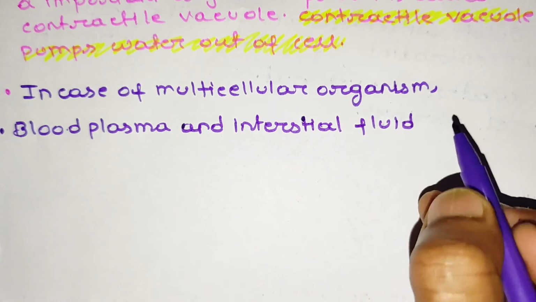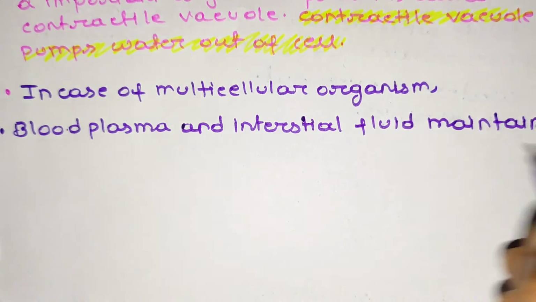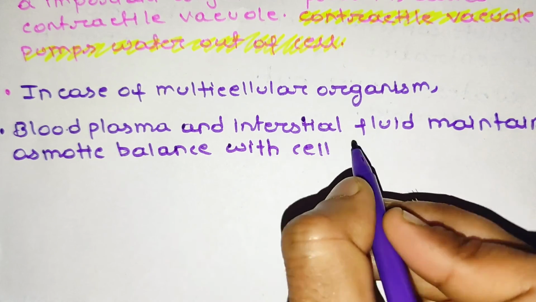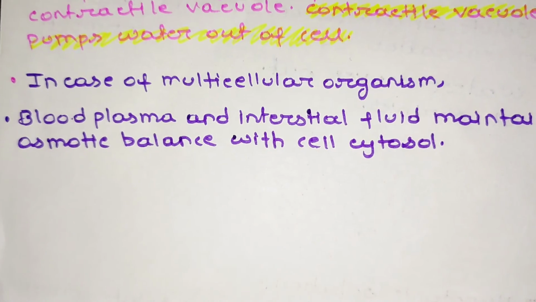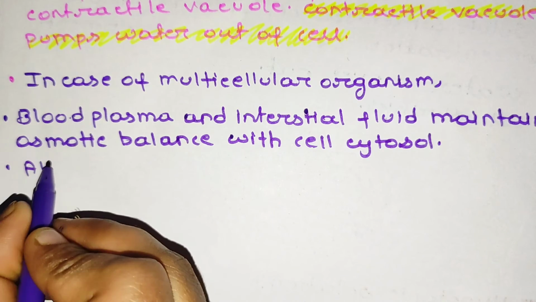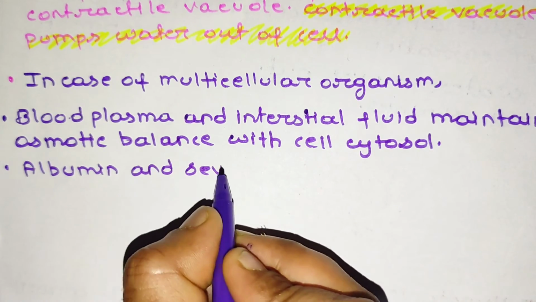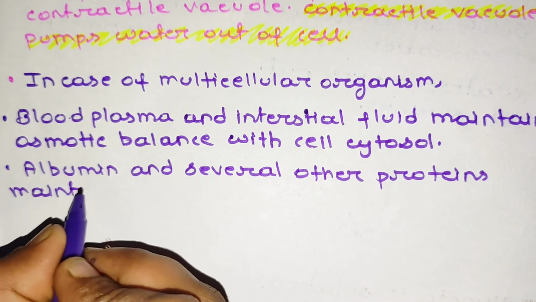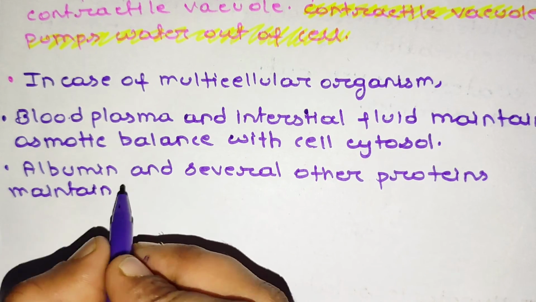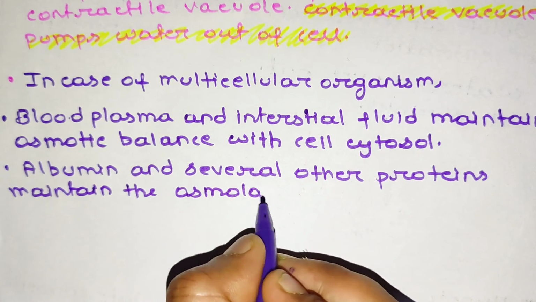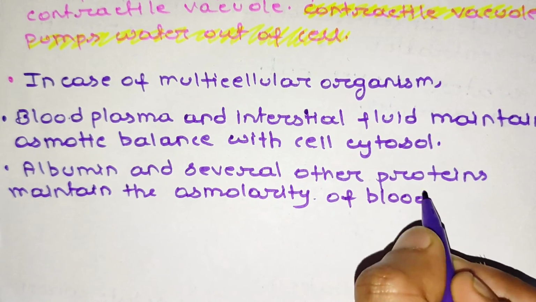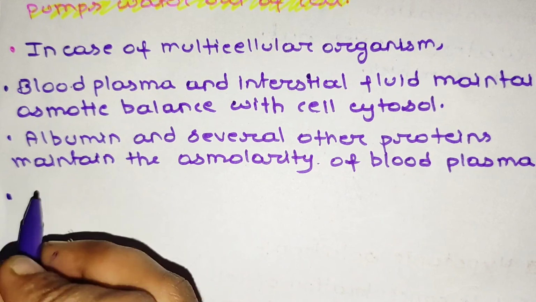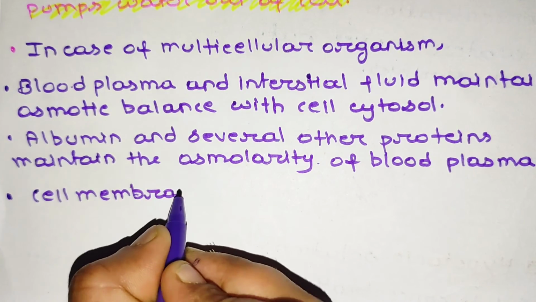Blood plasma and interstitial fluid maintain osmotic balance with the cell cytosol. Albumin and several other proteins maintain the osmolarity of the blood plasma.